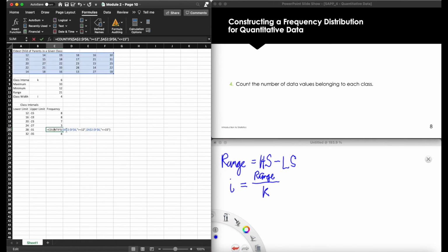There are 3. How many are from 28 to 31? There are 3 also. And how many are there of the age 32 to 35?